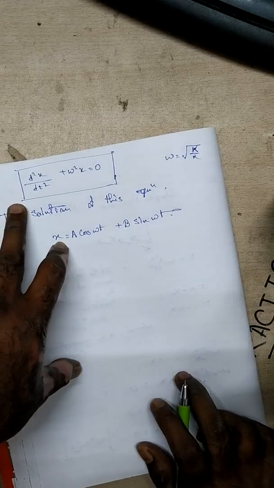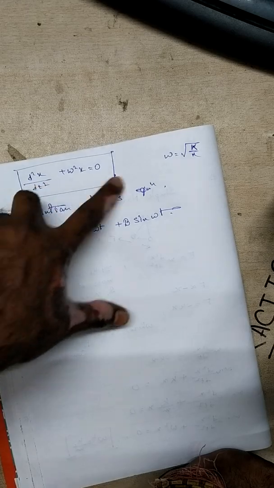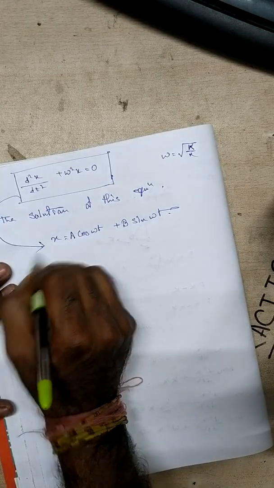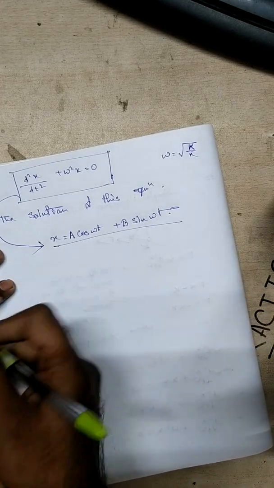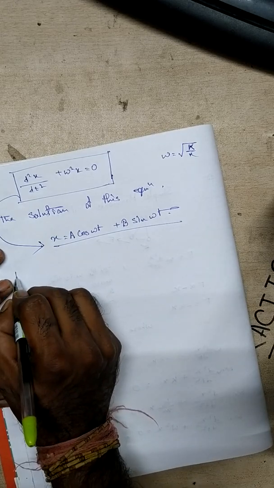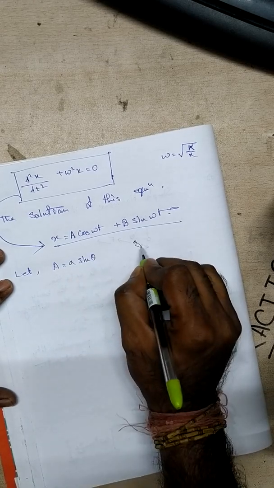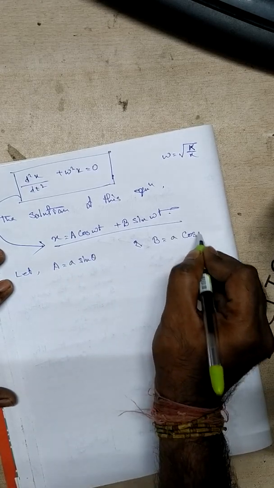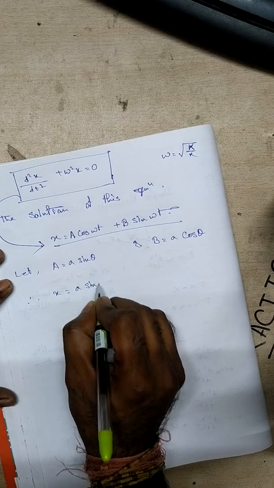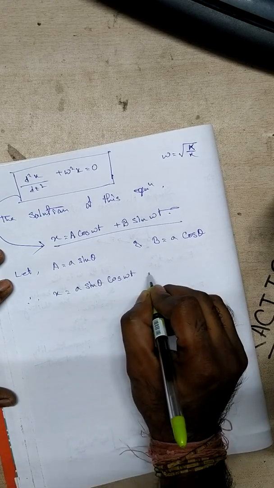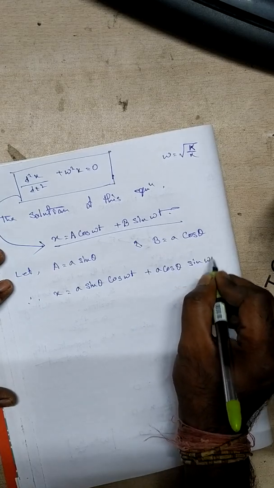We have already worked out this second order differential equation, and obviously the solution takes this form. So for the solution of this equation we choose, let a equal to A sin theta and b equal to A cos theta. Okay, now x is equal to A sin theta cos omega t plus A cos theta sin omega t.